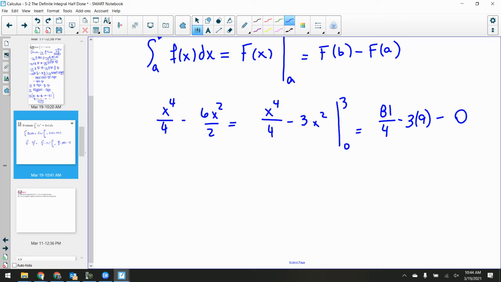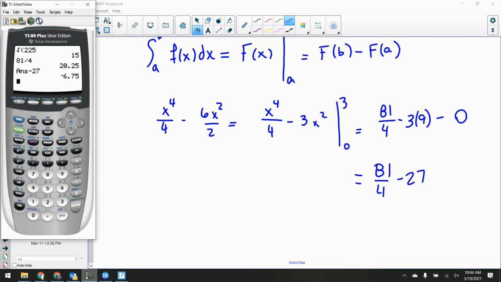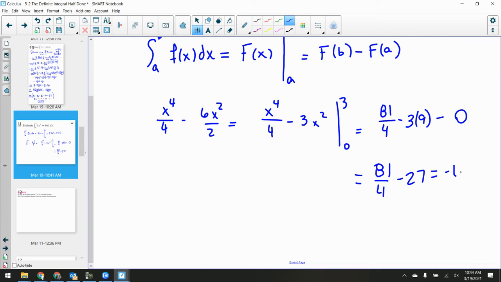I just get 0 when I plug this all in. 0 to the 4th is 0 over 4 is 0. Minus 3 times 0 squared, which is 0. So I get a bit minus 0. So you mean it's what? 81 over 4 minus 27 is negative 6.75.